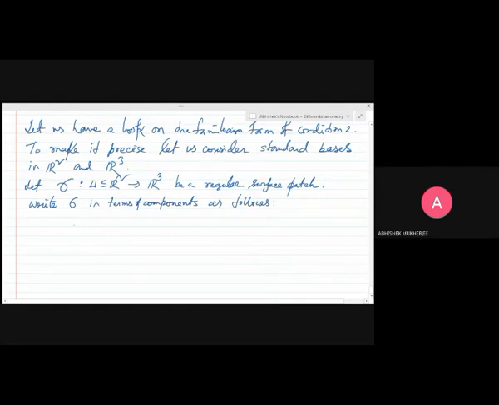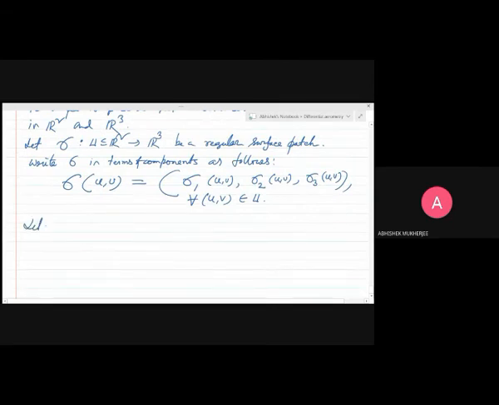That is, sigma of (u,v) equals (sigma 1(u,v), sigma 2(u,v), sigma 3(u,v)) for all (u,v) belongs to capital U. Now let Q be a point (u naught, v naught) belongs to U.